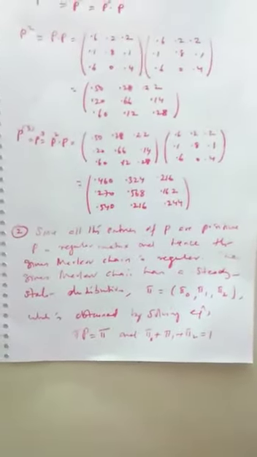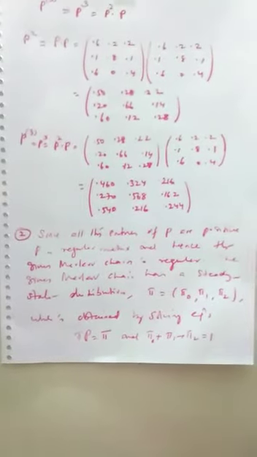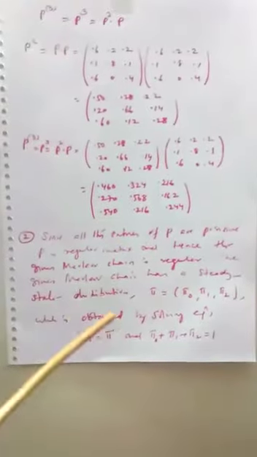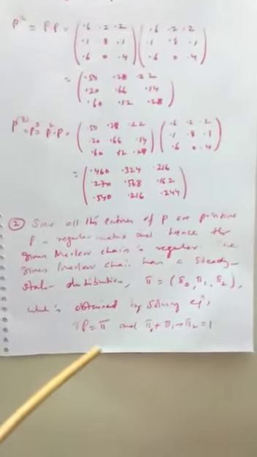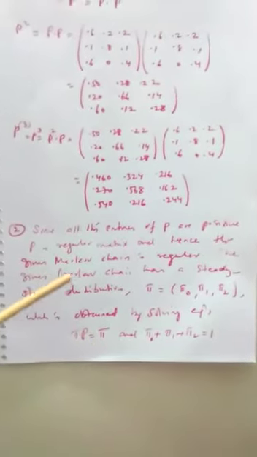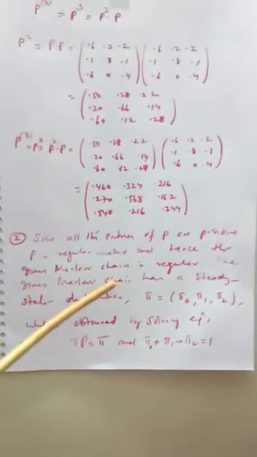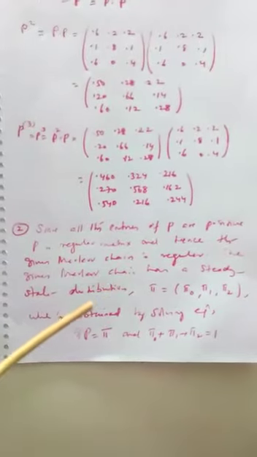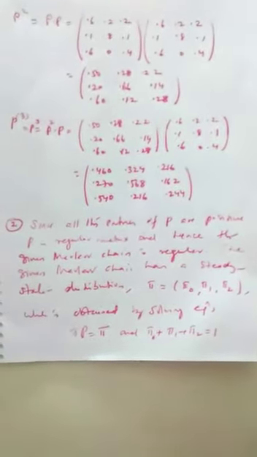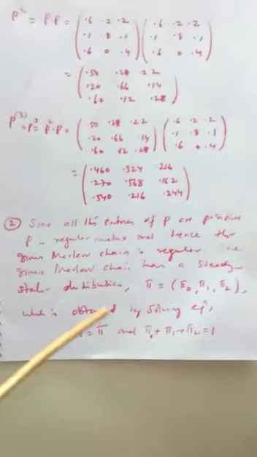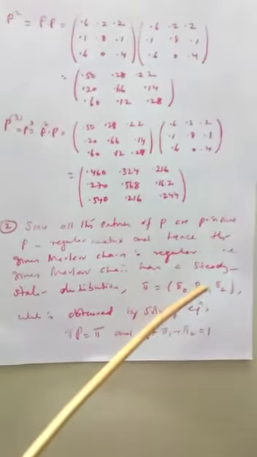Now the second part. All the entries of the given matrix are positive, which means P is a regular matrix. That is also given: the Markov chain is regular. That means the Markov chain has a steady state distribution, pi equal to pi naught, pi 1, pi 2.